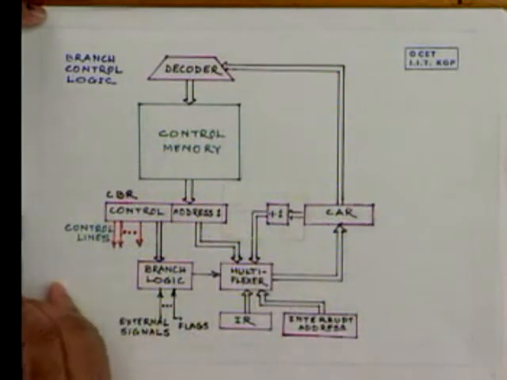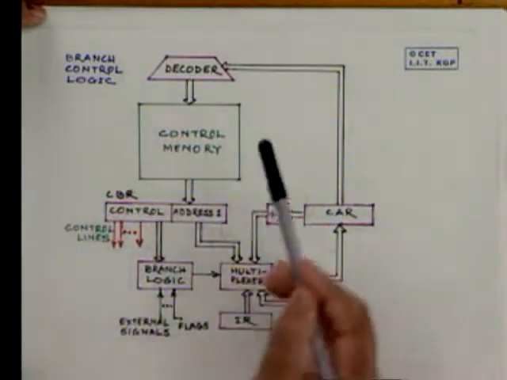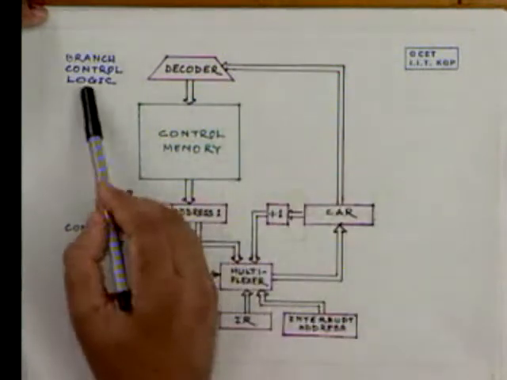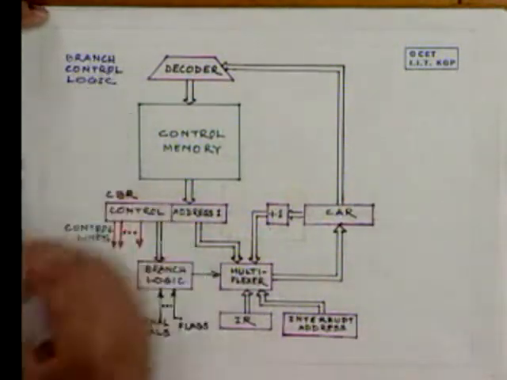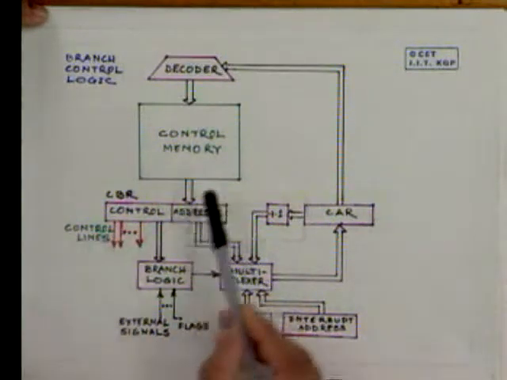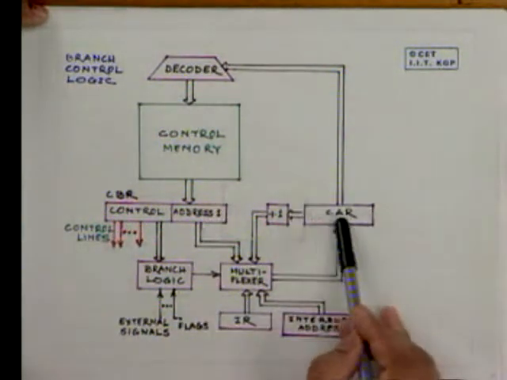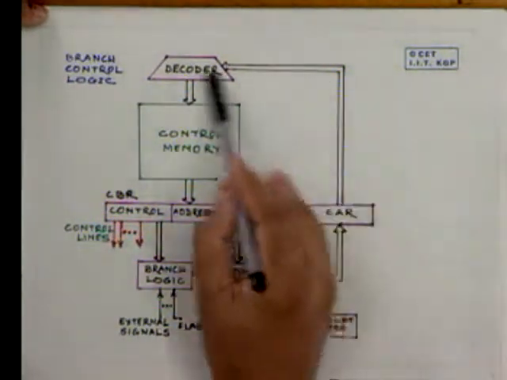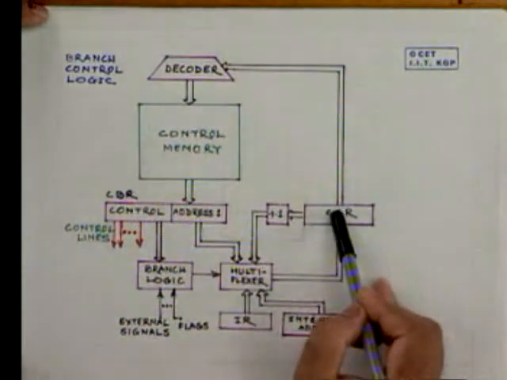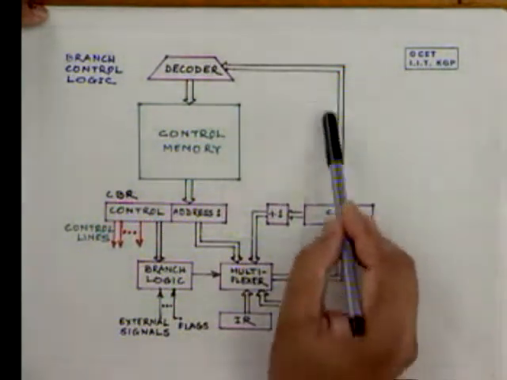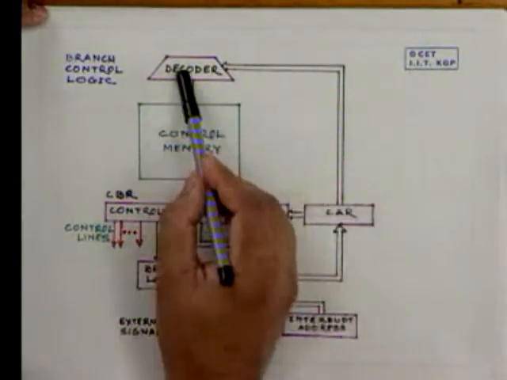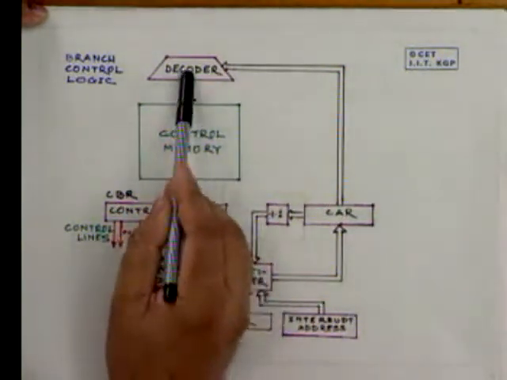Here you see that I am basically trying to show what can be the branch control logic. You see here that here is the control address register. From there it comes to the decoder. That means, whichever particular address the control address register holds, the decoder decides.